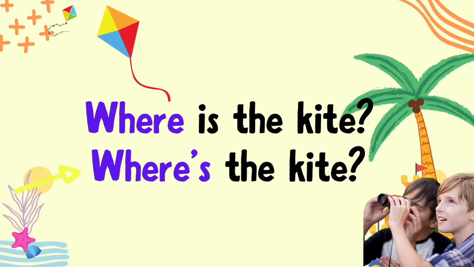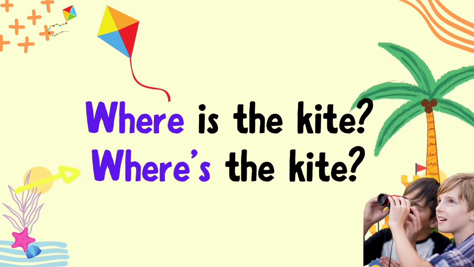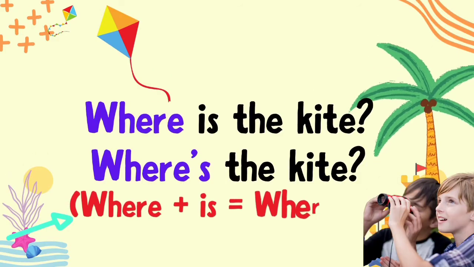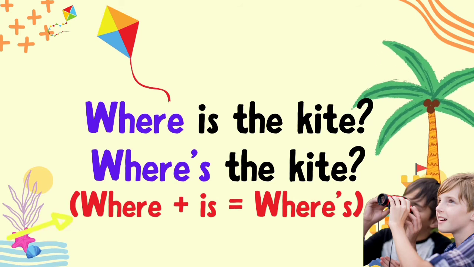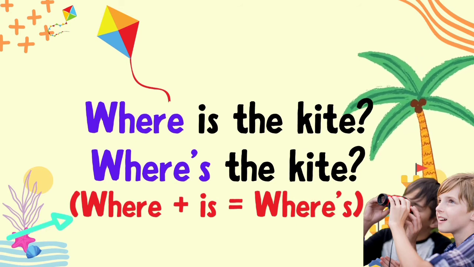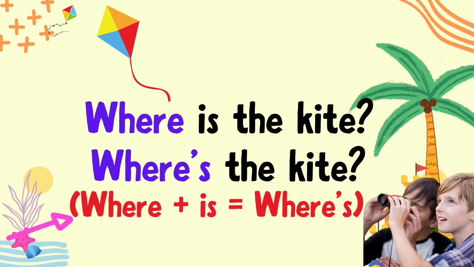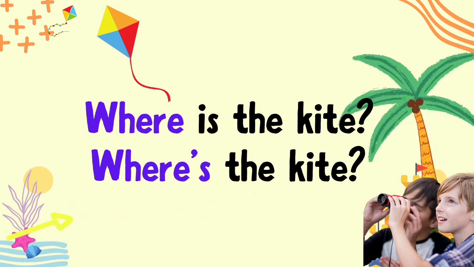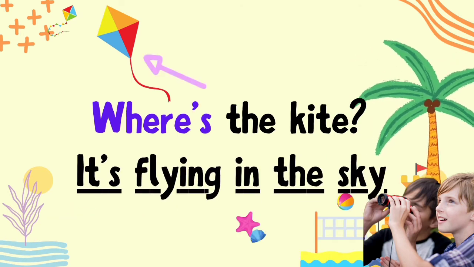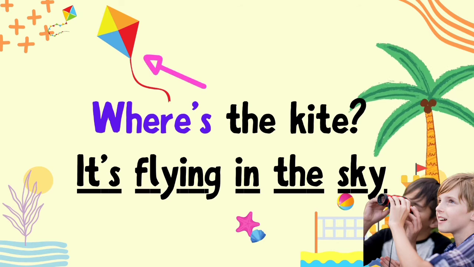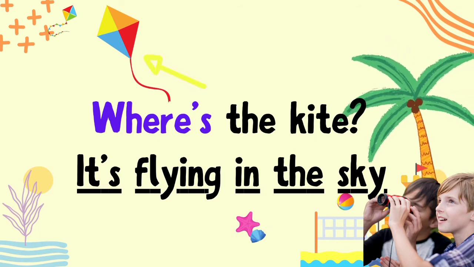Or you can say, where's the kite? So what's the difference between where is and where's? When you combine the words where and is, it becomes where's. It's a contraction. Now let's look at the answer. Where's the kite? It's flying in the sky.